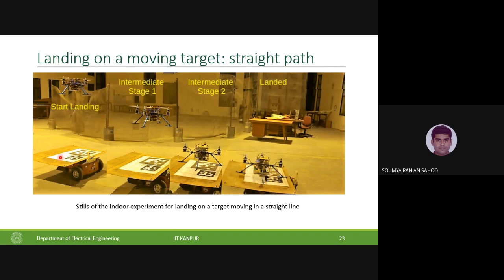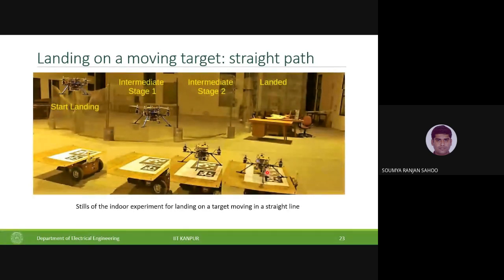So we borrowed it, installed this board and the ArUco marker on it, and the quadrotor comes and lands exactly on the area in which the ArUco marker is. This is for a vehicle moving on a straight path. Straight paths are very easy to track because there is no change in direction. It's just moving in one direction.